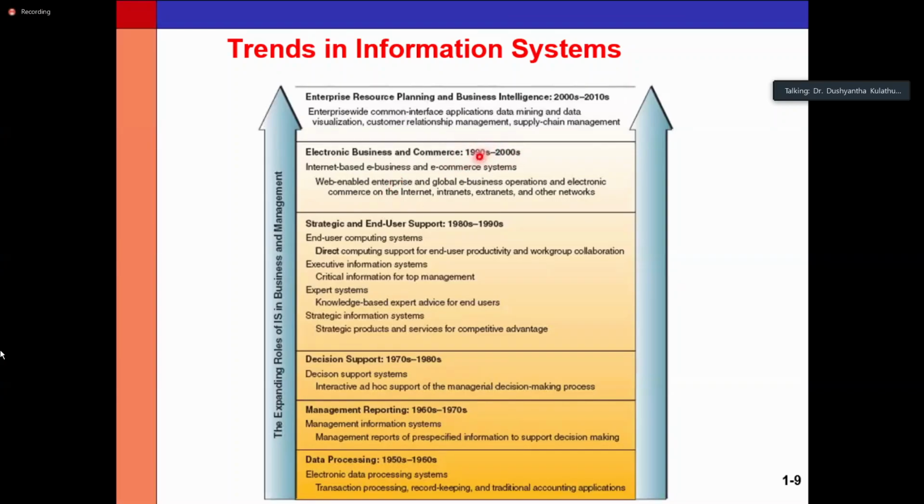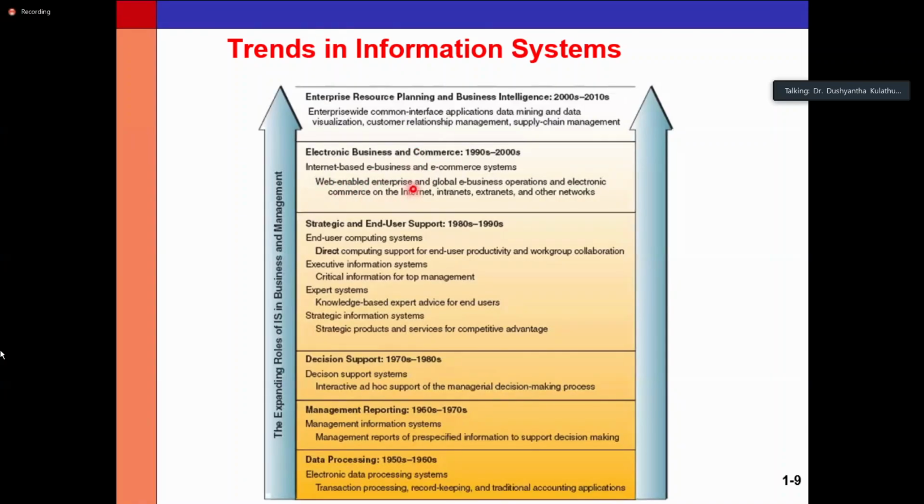Then the 1990s and 2000 period: internet-based e-business and e-commerce systems. I think it is around 1994 and 1995. The commercial use of the internet came, and with that, the organizations focused on e-business and e-commerce. I think again we will be looking at the difference between e-business and e-commerce as we move on.